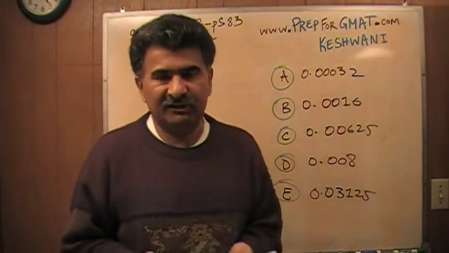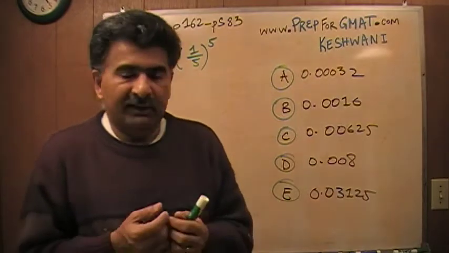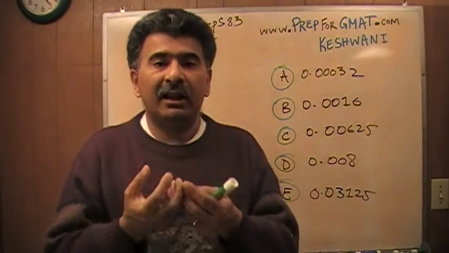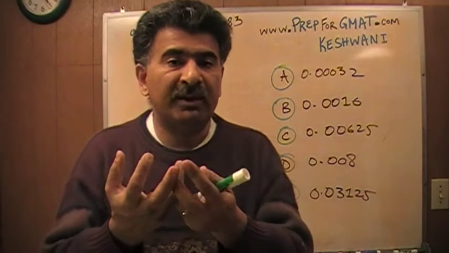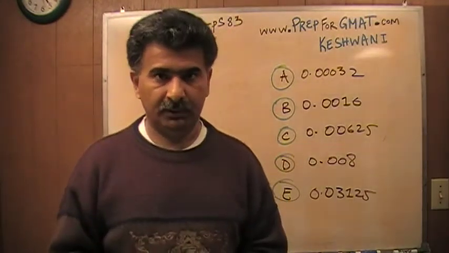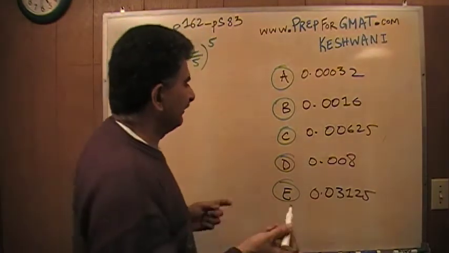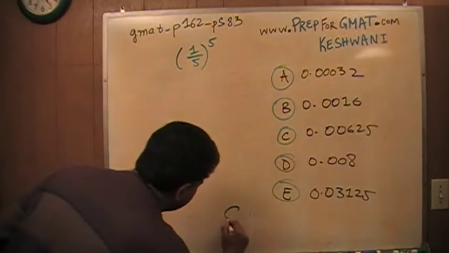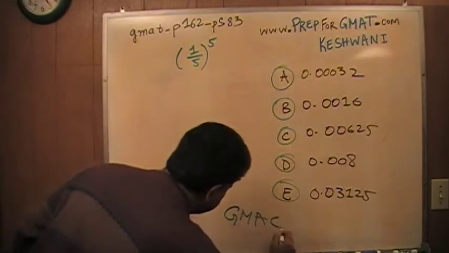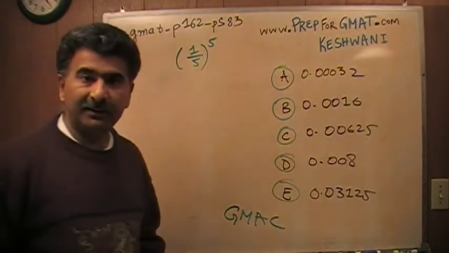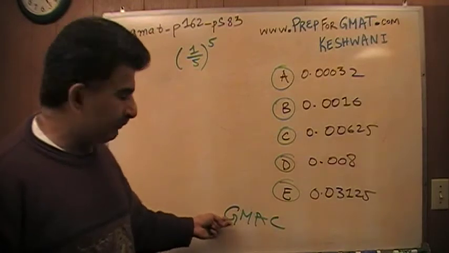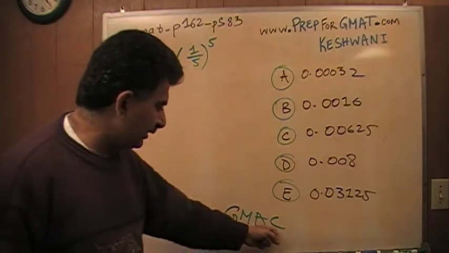It's a chess game. It's a game of chess. It's like any other game. If you want to beat your opponent, you have to be able to tell ahead of time how you expect your opponent to behave. For GMAT, the people who give you the exam, that entity is known as GMAC, Graduate Management Admission Council.